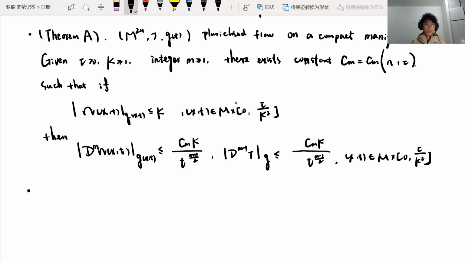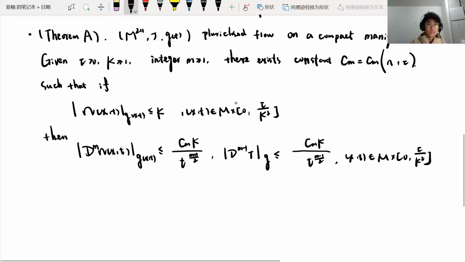Is the estimate scale invariant? I don't think I understand what you mean. It's like not as good as the classical Ricci flow case then. I mean the relationship between the bounds and the time interval.